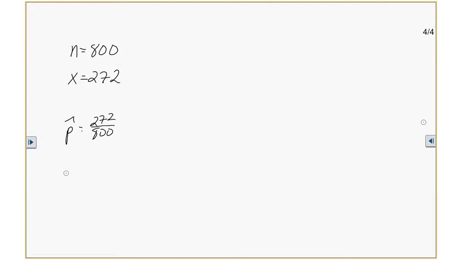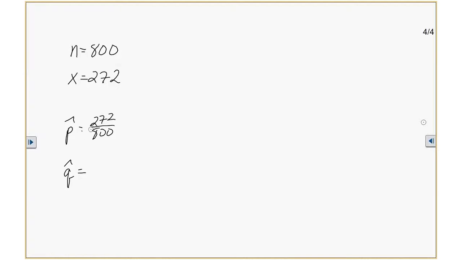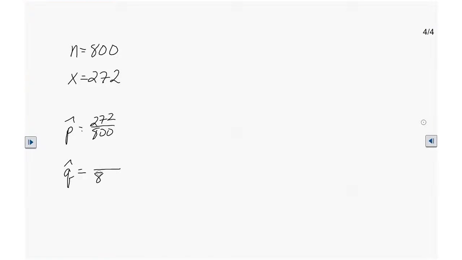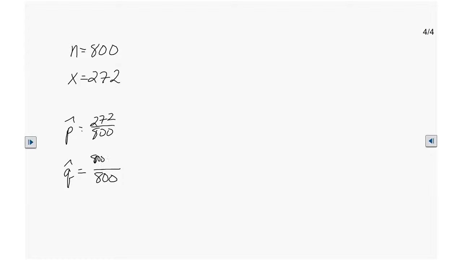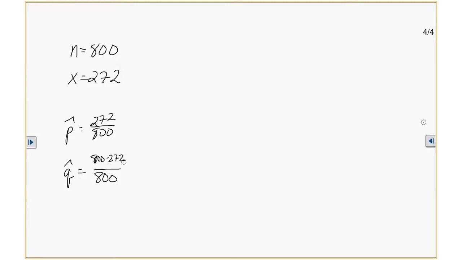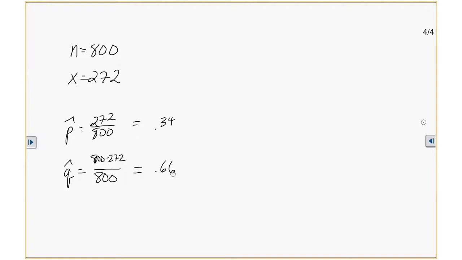For q-hat, you can either subtract and put it over 800, that is 800 minus 272, or you can take the complement of this. p-hat is 0.34, so q-hat would be 0.66. And then plug and chug.